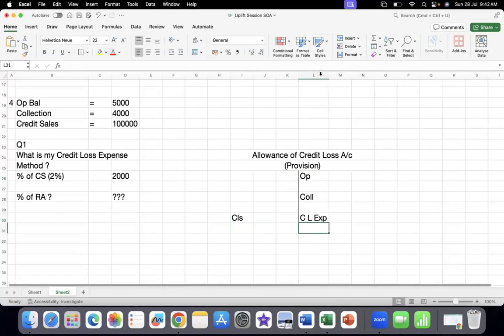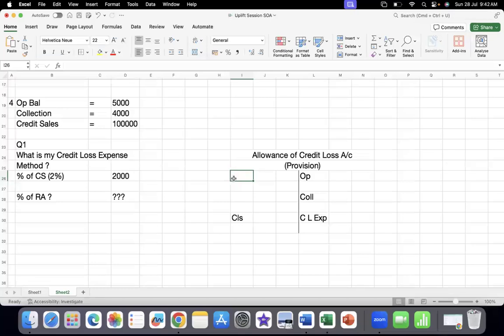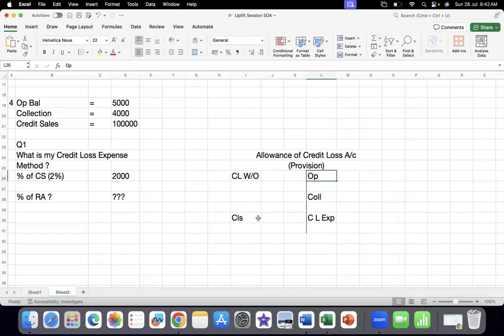So you just keep the template ready with you always. This would be your credit loss written off, a single one. You have opening balance, closing balance, collection, and credit loss expenses.